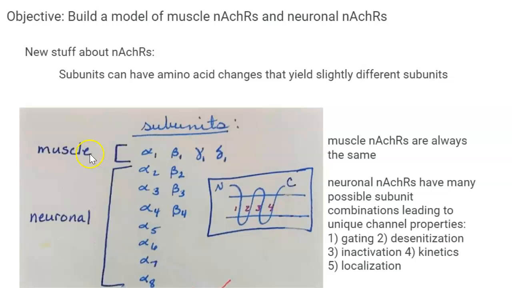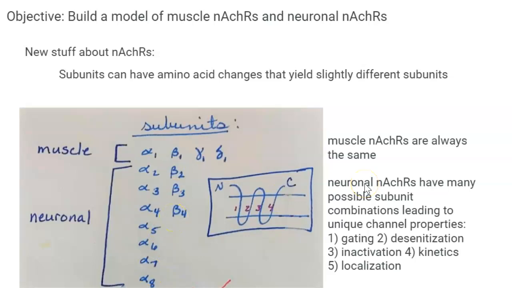And so the muscle, since that was the first one that they discovered, these are all labeled number 1. And technically, the gamma and delta aren't 1 because they're the only ones, so it's just gamma and delta, but I put 1 here just to make it easier. And then nicotinic acetylcholine receptors in the brain are only made up of alpha or beta subunits, and you have multiple possibilities for these.